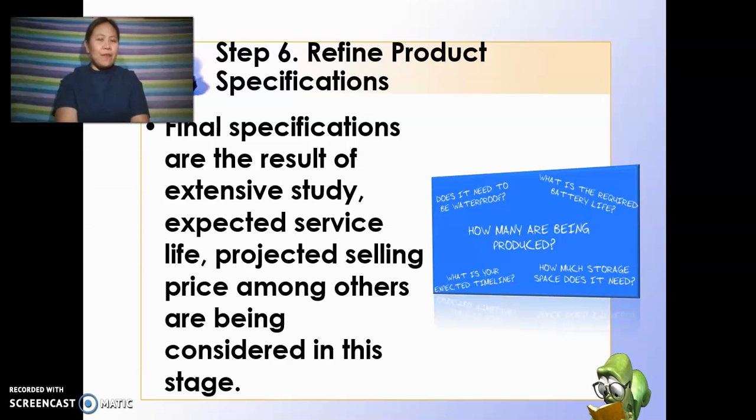Also, final specifications are the result of extensive study. Expected service life and projected selling price, among others, are considered in this stage. So we have many considerations. How many are we going to produce? Does it need to be waterproof? What is the required battery life? These are examples of how we can refine our product specifications.